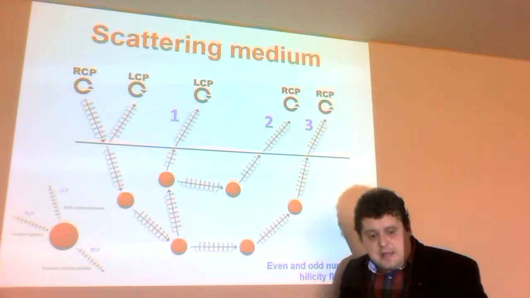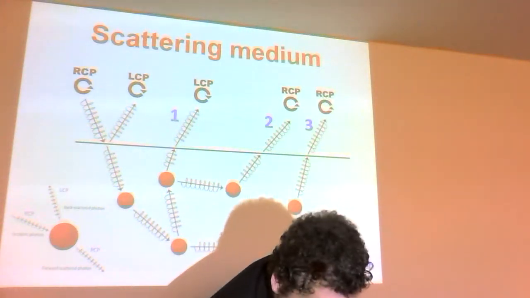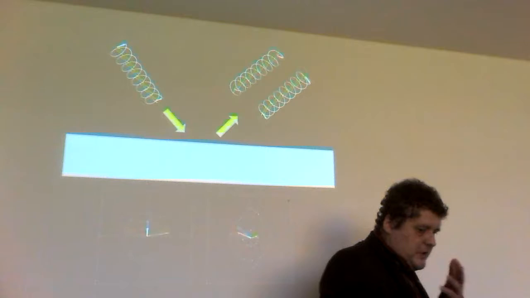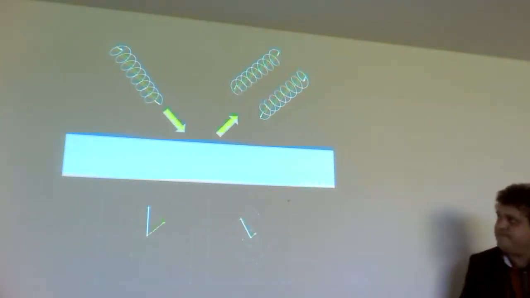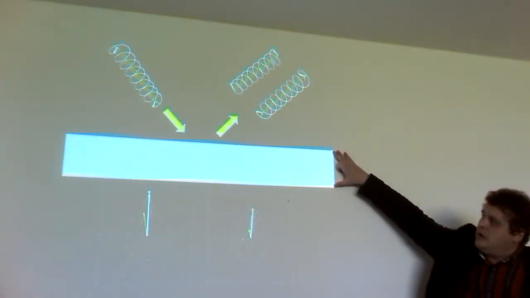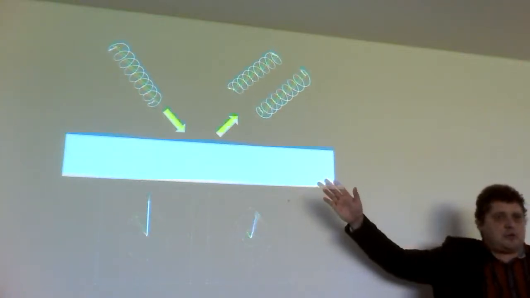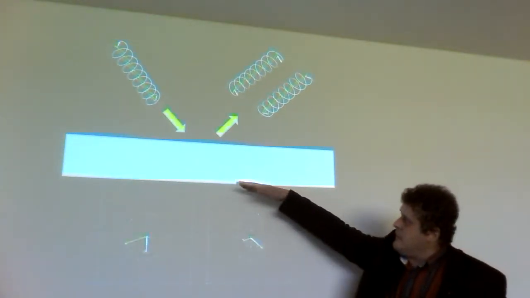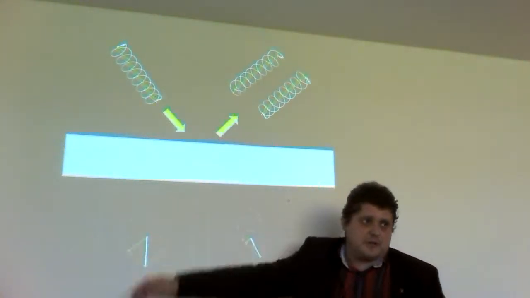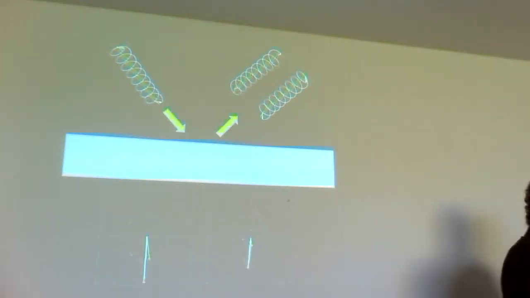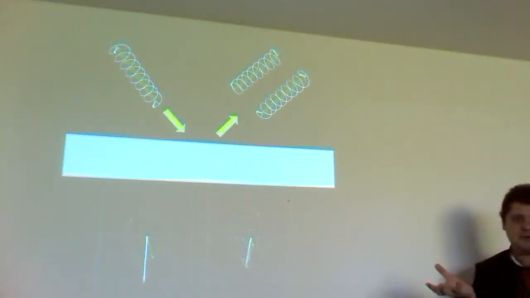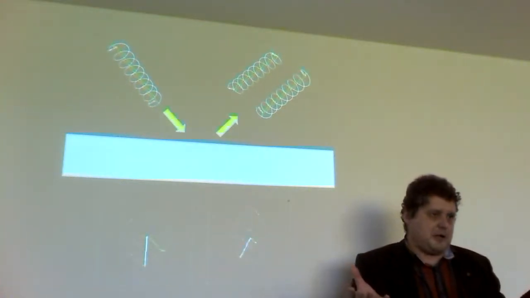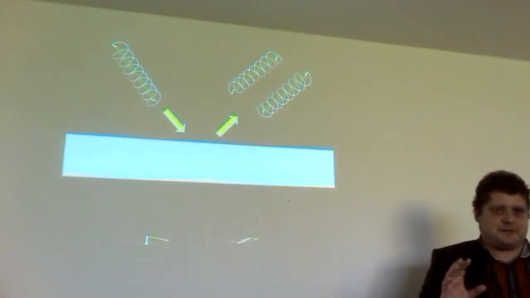On the other hand, what we can say is, if we illuminate the scattering medium with circularly polarized light, the light coming out to the detector will have two components, basically right circularly polarized and left circularly polarized light, because of these helicity flips.